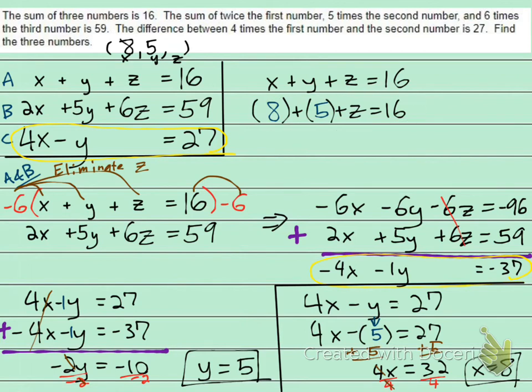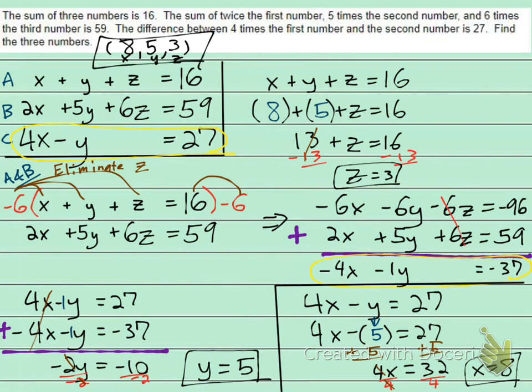Solve this. 8 plus 5 is 13. Plus z equals 16. Subtract that 13 from both sides. And z is 3. That was my drum roll. z is 3. Okay, here are the numbers. And when they ask you what the numbers are, the first one has to be 8, the second one 5, and the third 3.